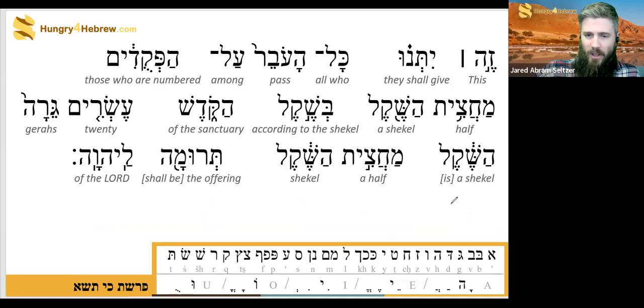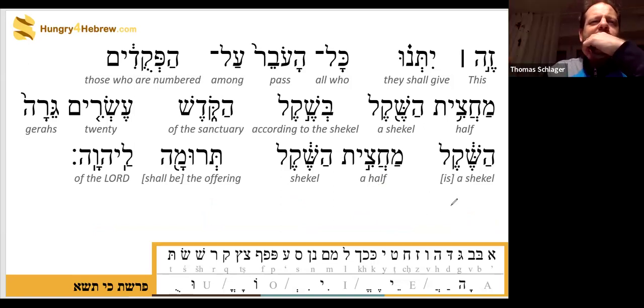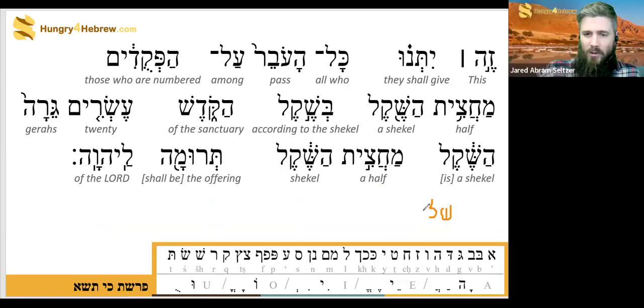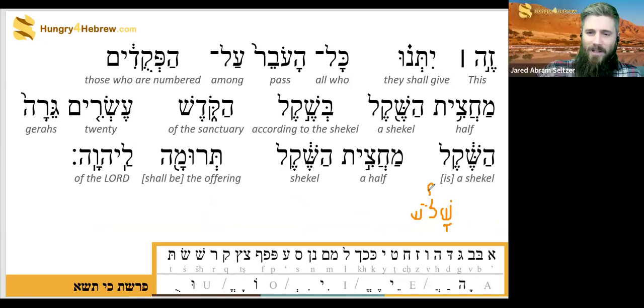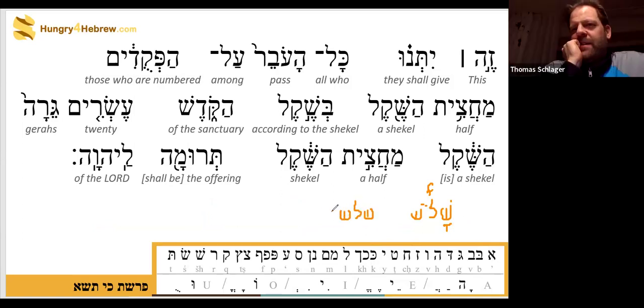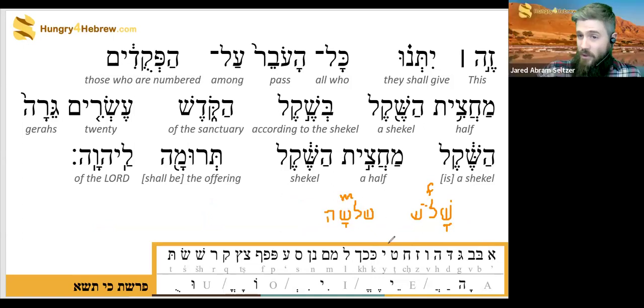What's the number for 3? Shalosh. Here, I'll write it defectively. Is that masculine or feminine? It's feminine. That's the weirdest thing about Semitic languages: shalosh is feminine and shlosha is masculine, or at least the one that refers to masculine things.